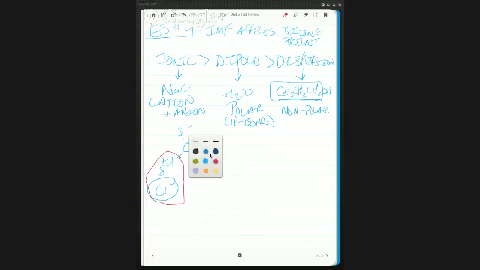Then the dipole, that's the picture we drew over and over again. I said memorize it, right? We have an oxygen covalently bonded to the hydrogens, which have the partial positives. And then that bonds to another hydrogen with its partial positive to the oxygen over here.